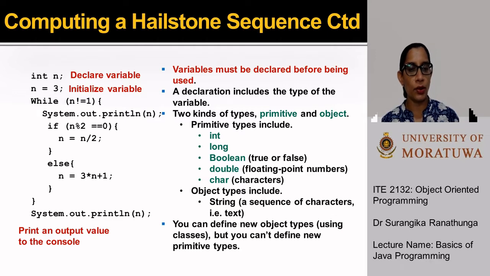So you can use these objects as variables. A very commonly used inbuilt type in Java is the String. String refers to an object that represents a sequence of characters. You can define your own object types as well. However, you cannot define primitive types. This is common to many other programming languages as well. They have a well-defined fixed set of primitive types, and you cannot add your own primitive types.